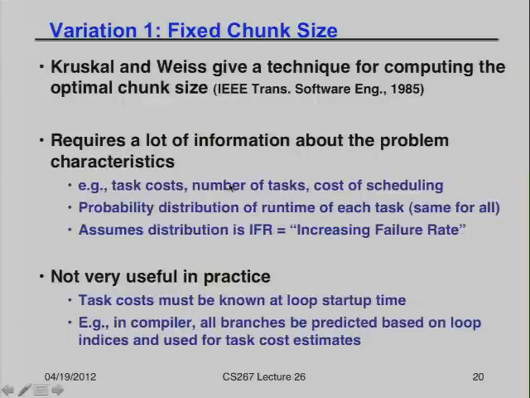They assumed they had a probability distribution of all the task run times, and that the distribution had some nice properties, like it couldn't be bimodal. For example, it couldn't be like 50% chance it takes 1 second and 50% chance it takes 2 seconds. It had to be a nice sort of continuous drop. And they assumed there was a certain cost of going to the centralized task queue.